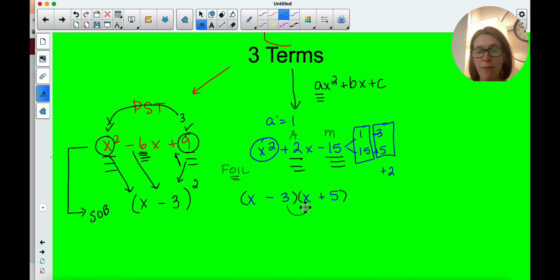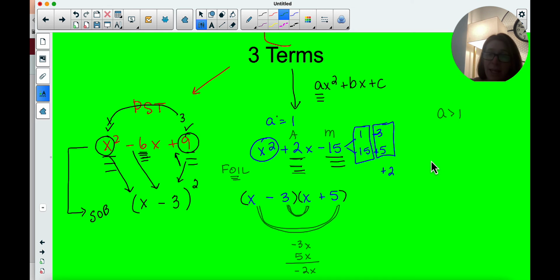So the O and the I come from here and here, the inners and the outers. If I multiply the inners and the outers, I can see really quickly if I add them, I'm trying to get the middle term. It's a way to check, especially when we move on to this last method, which is when a is greater than 1.